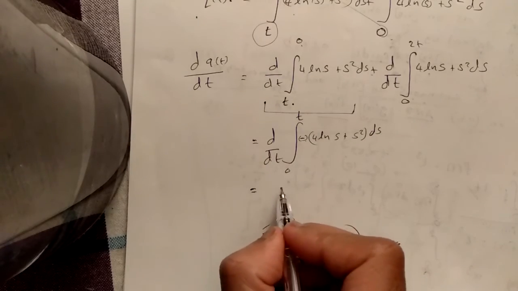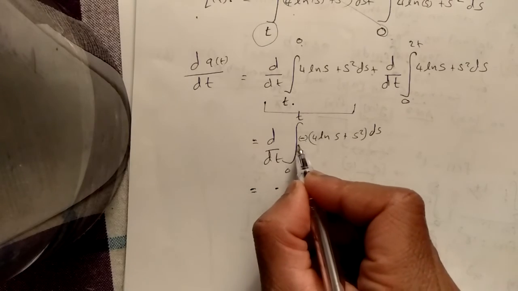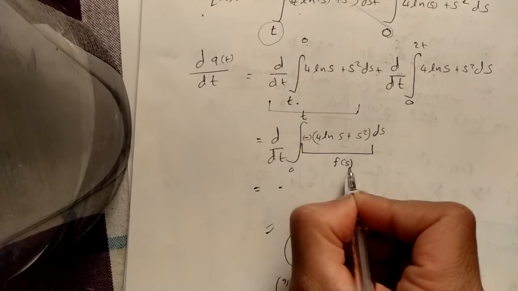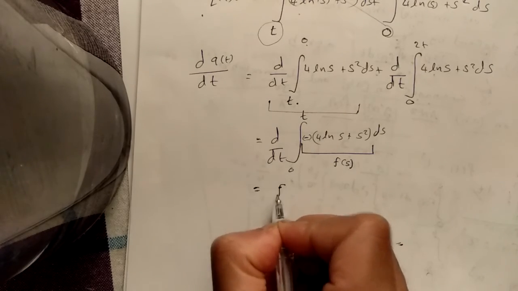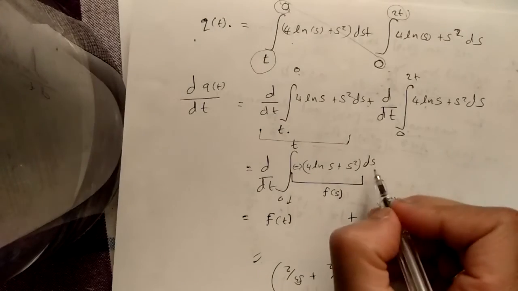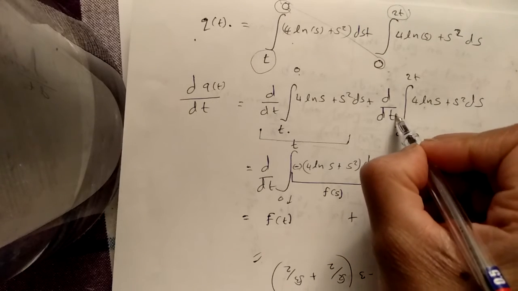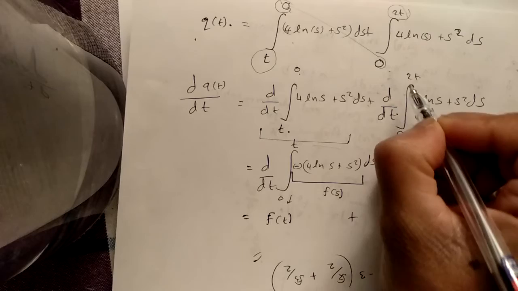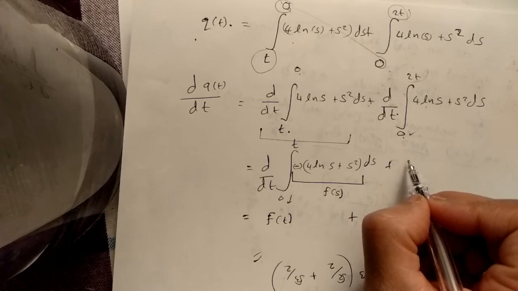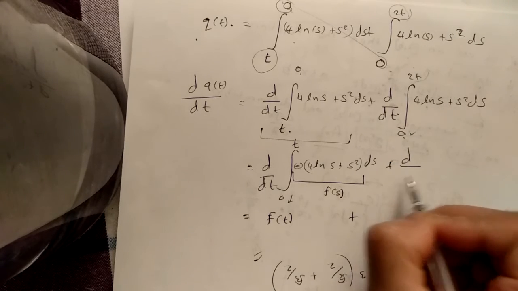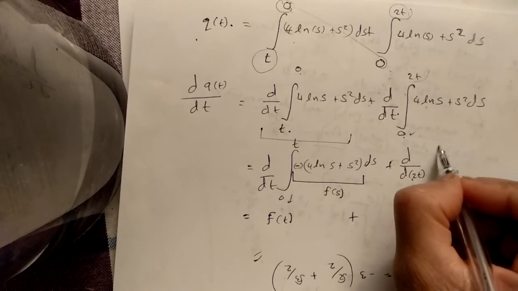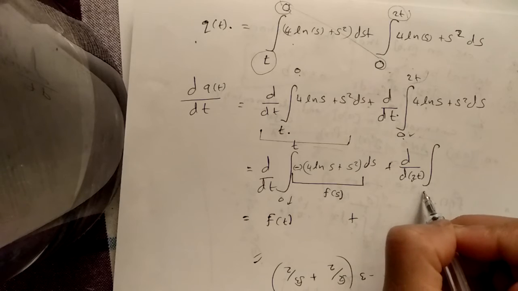So as we have this, we can directly apply the fundamental theorem. Here you have to consider this entire thing as F(s), right? And this will be F(t) from the fundamental theorem, and for this one you have t here, a constant, that is okay, but in the upper limit you have 2t. So you cannot directly apply the fundamental theorem, but you can make use of the chain rule to have the same upper limit as the differentiating variable.